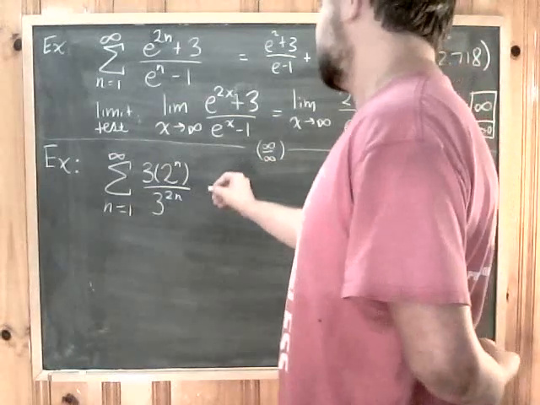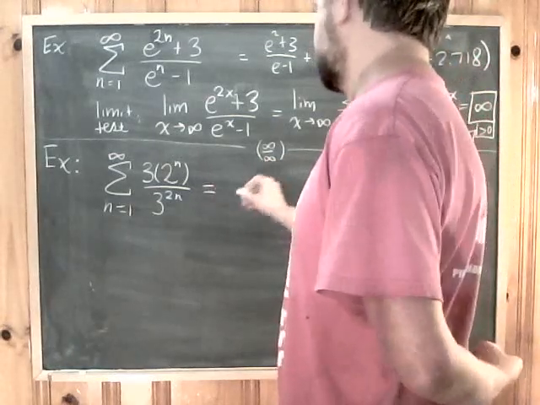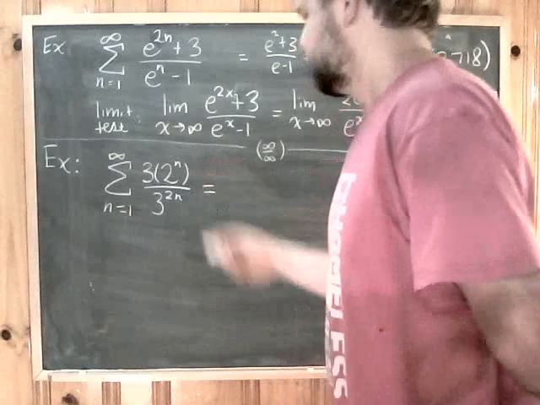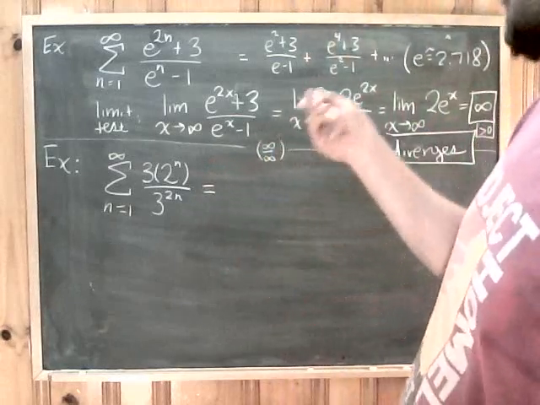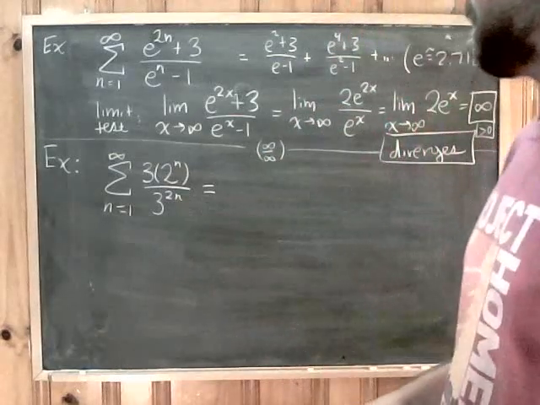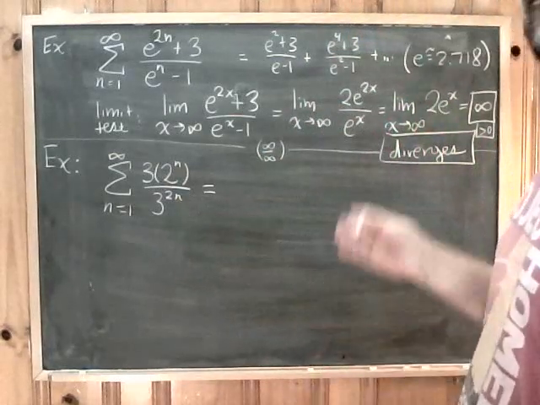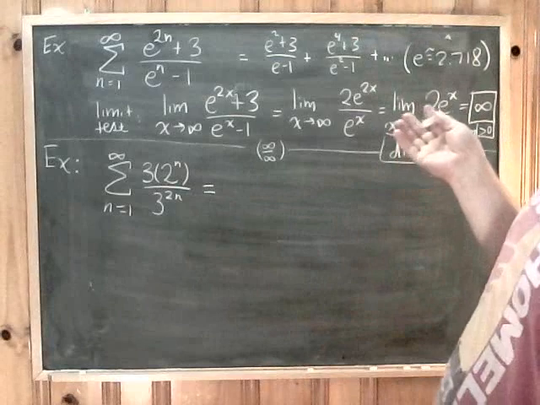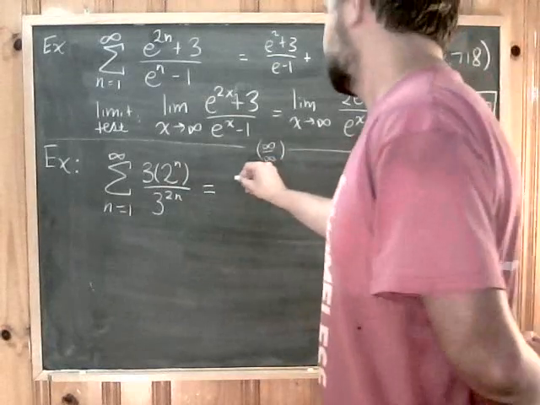That's because I can rewrite this sequence, or series. First of all, there is a 3 multiplying 2 to the n. That doesn't have an n in that 3, it's a multiplier of the whole thing, so I can pull it out.